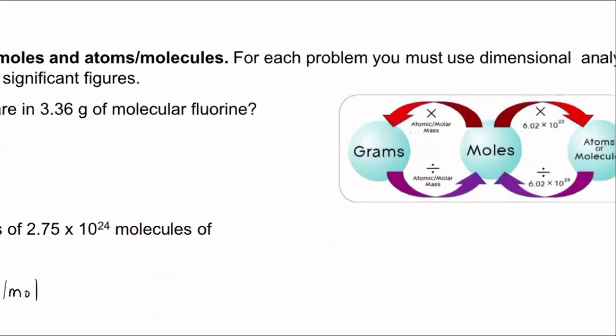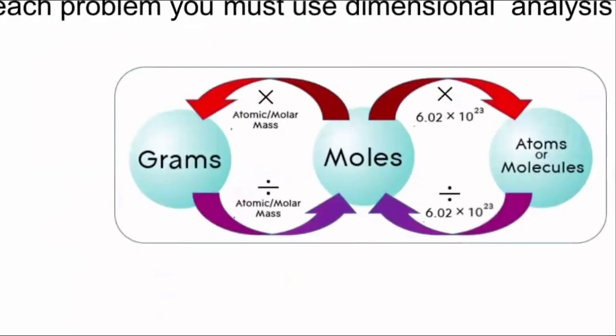If I zoom in into the right side of the slide, we can see again the flow chart that we have been utilizing to change from moles to molecules or atoms and vice versa. And as recently, we used it to change moles into grams.